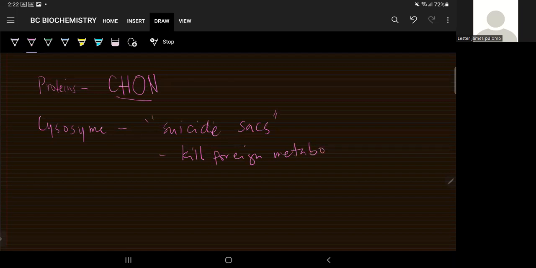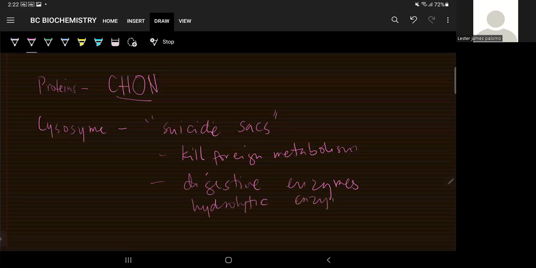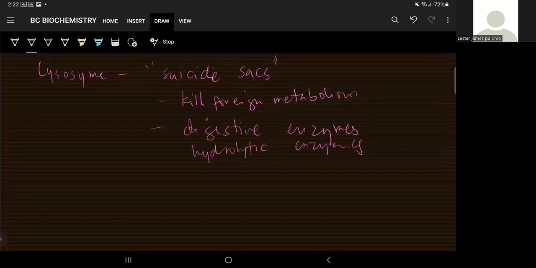So our lysosome in the cell is a form of defense mechanism against foreign organisms such as bacteria and other microorganisms that might invade the cell. Again, based on the description, it contains digestive enzymes, or shall we say hydrolytic enzymes, that could kill those foreign organisms. And they are usually present in animal cells. Mostly present in animal cells.